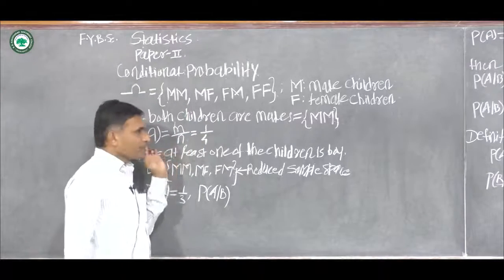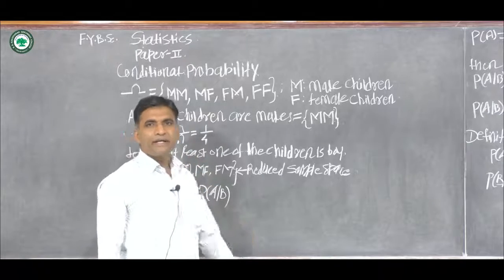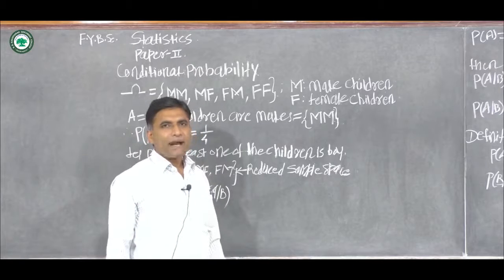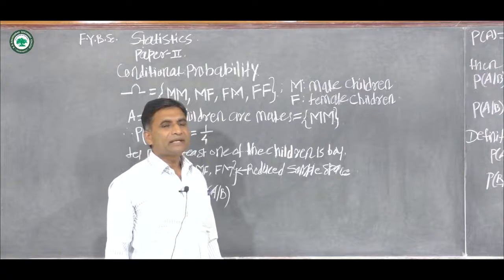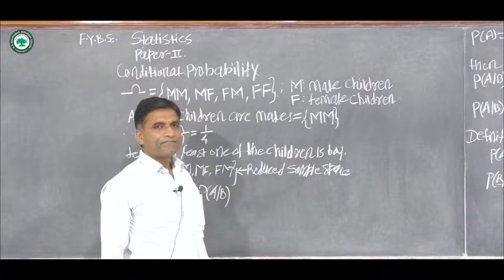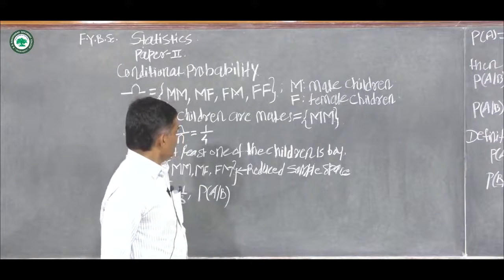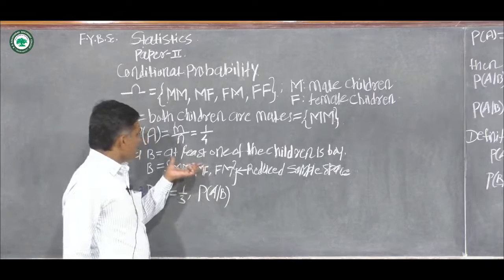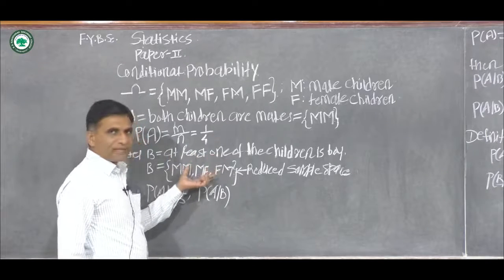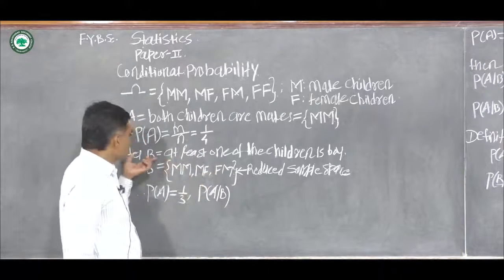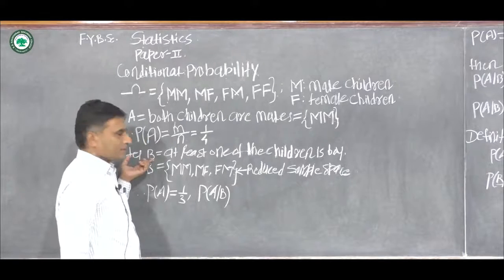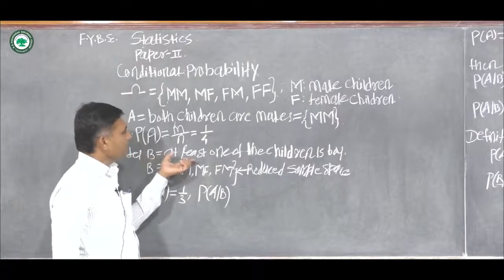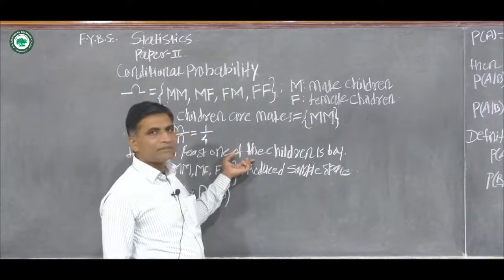Now, suppose that it is already known that at least one of the children is a boy. Then the reduced sample space is denoted by B. B is equal to at least one of the children is a boy.